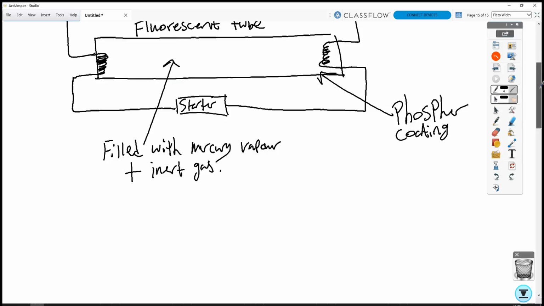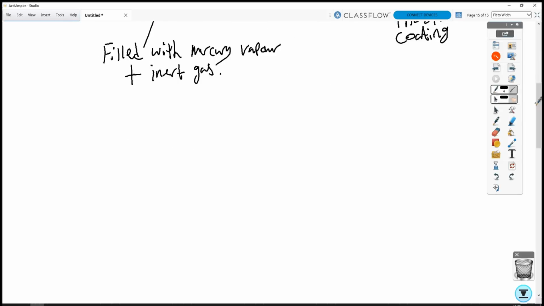All right, let's summarize what's going on here then. Now the main point is not really about understanding how the starter works, rather it's understanding the current and how the current translates into excitation, de-excitation. So I'm going to start from the current flowing through the filaments.